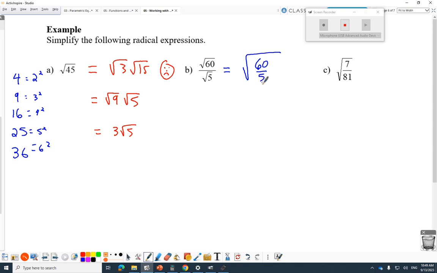What I'm doing is checking, does 60 divide by 5? If it doesn't, this isn't very helpful. But 60 does divide by 5. 12. Root 12. Better. We consider that better. No fractions anymore.